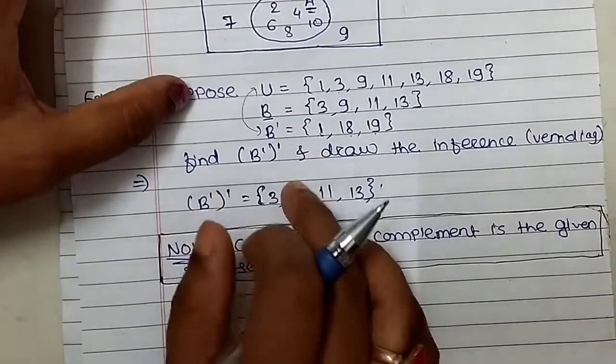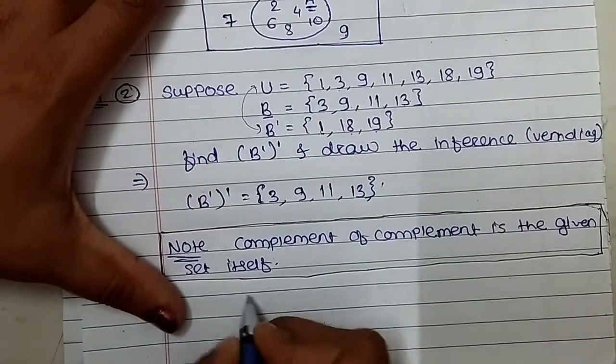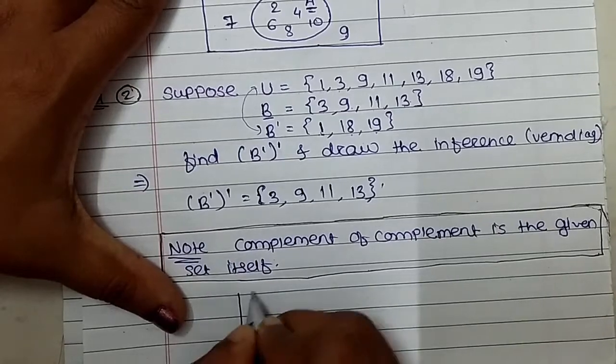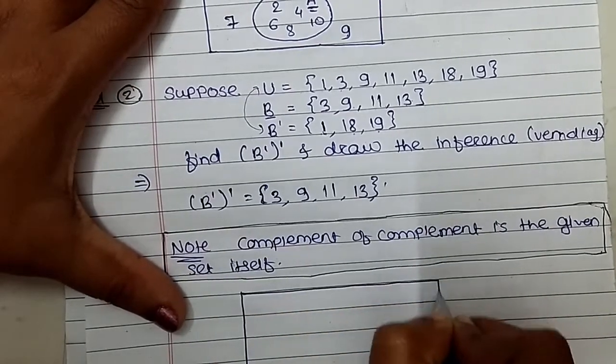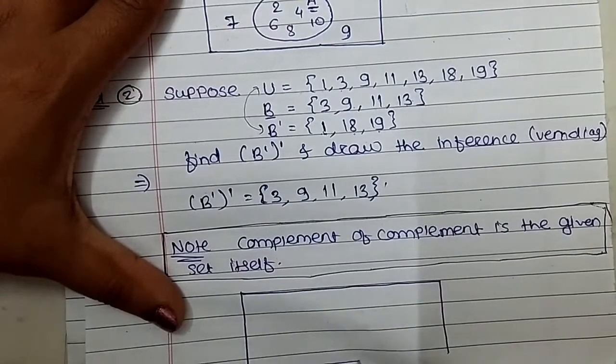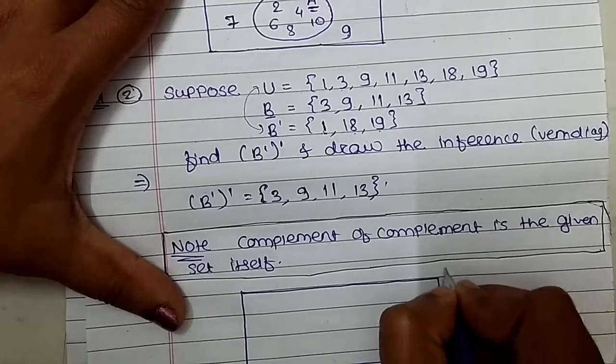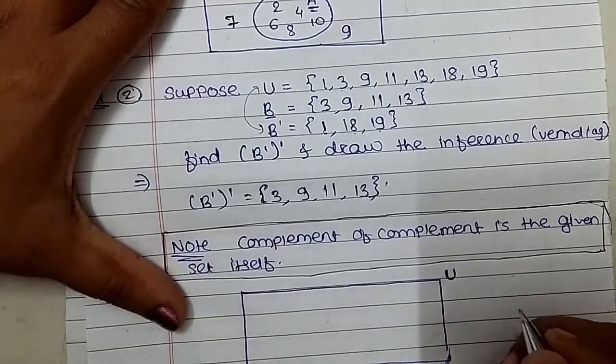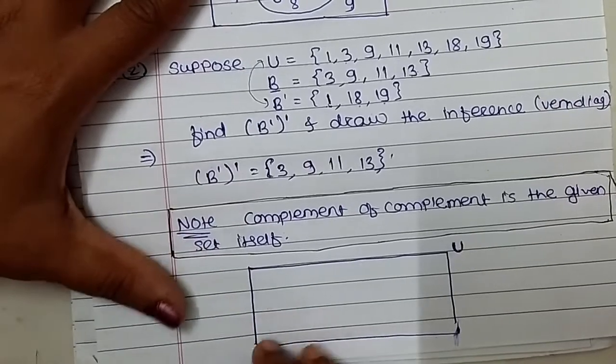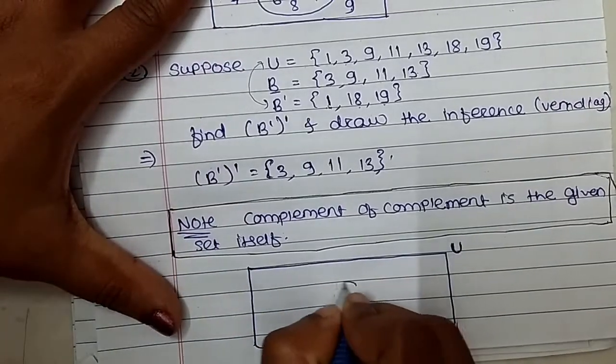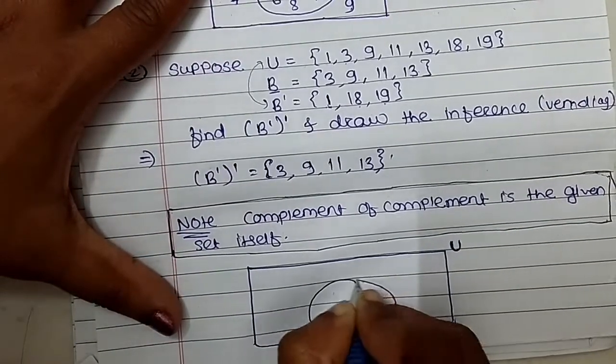So how to draw this with the help of one Venn diagram here. So for the universal set, how to draw? You draw one rectangle here. So you write down here U for universal set. Next, write down the subset. That is, which is the subset here?